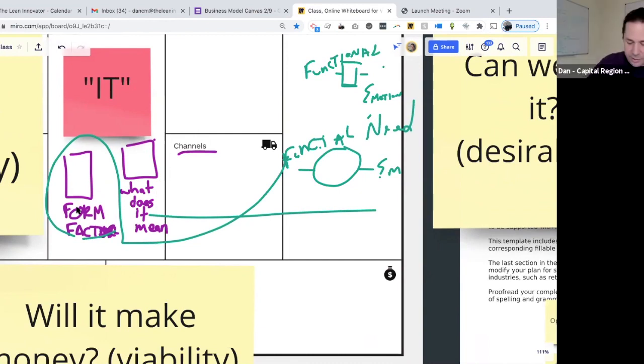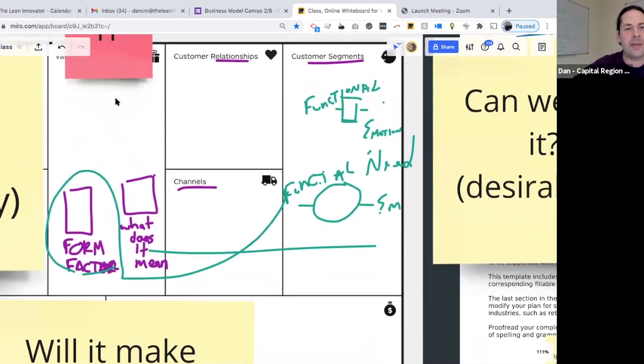Okay, so the value proposition is basically like, when we look at a business or think about a business, my tendency is to always think about how it's going to be this product or this service that's going to fix a problem for somebody, right? But what sometimes I neglect is what it's actually going to do for somebody.